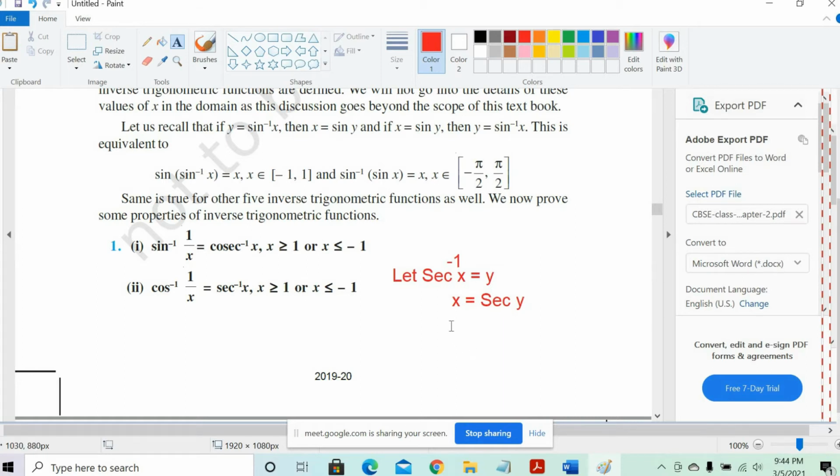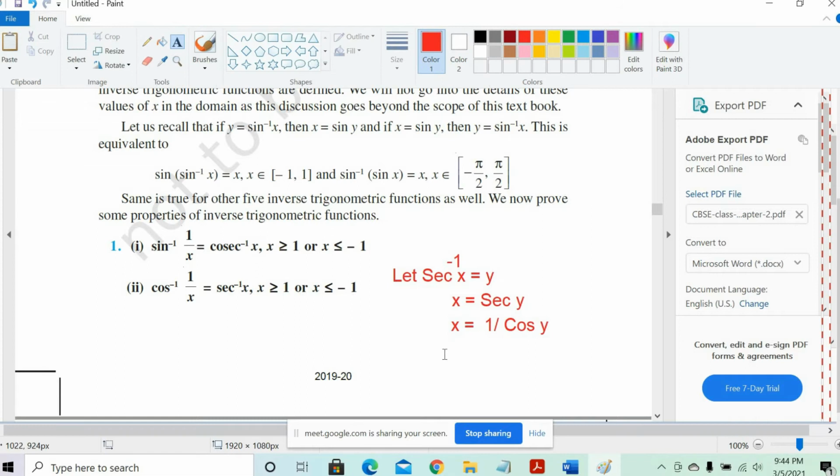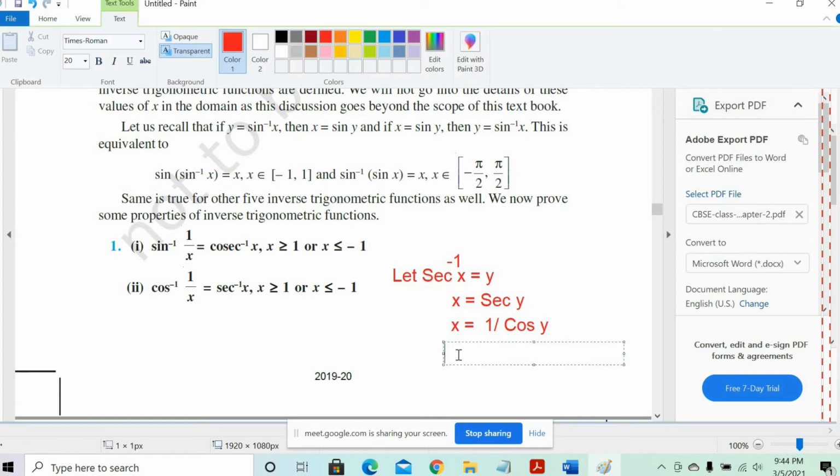Next. Now secant can be written as 1 by cos y. Correct? Secant y is nothing but the reciprocal of cos y, right?